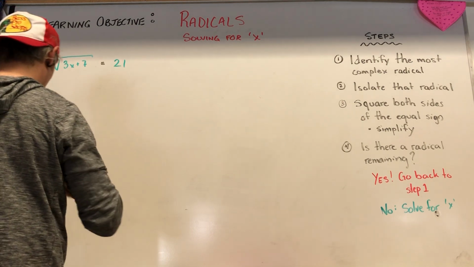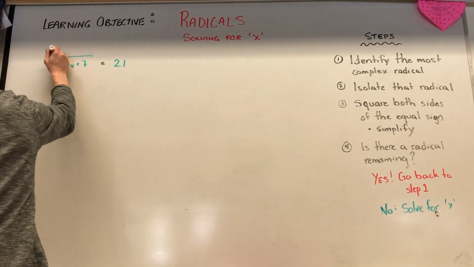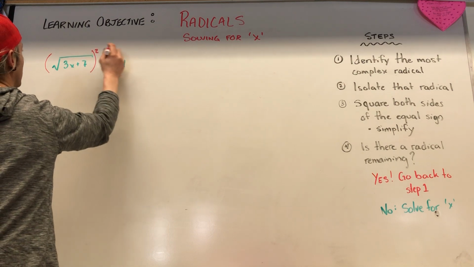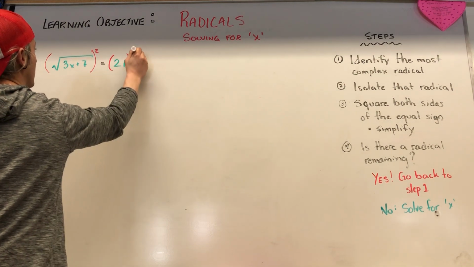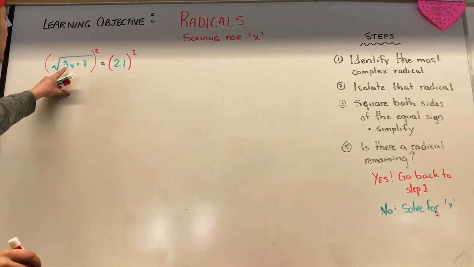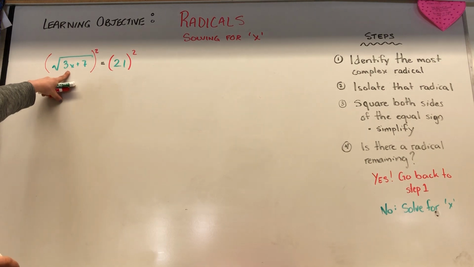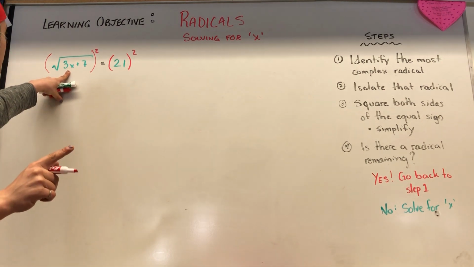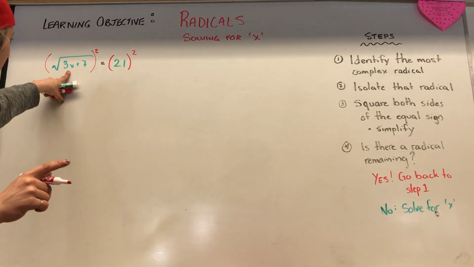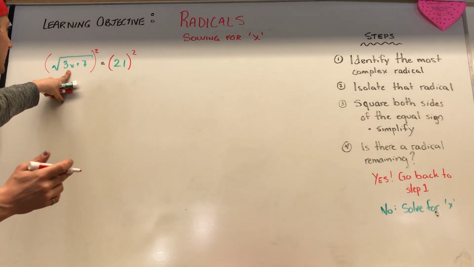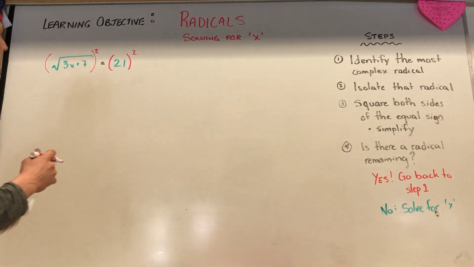And what happens when I square this monomial? This is one term, all under the radical. So I'm going to consider it a monomial that I am squaring.